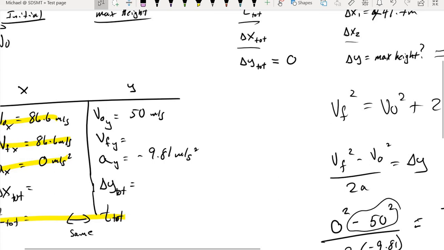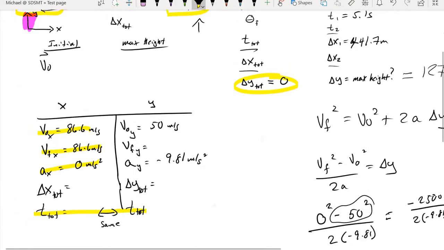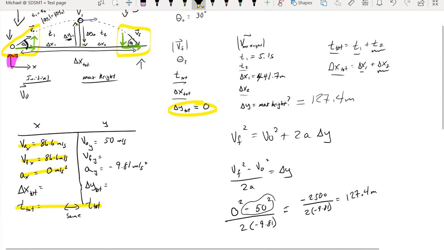Looks like we only have 2 pieces of info over there. But remember that we said the payload was going to be launched and land at the same vertical position, and so our displacement along the y direction is 0, and that is the third piece of information that we need.